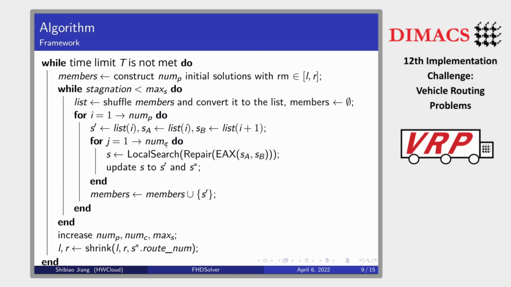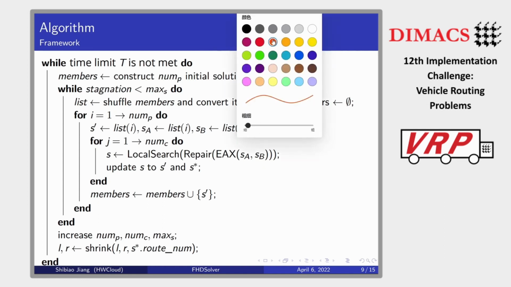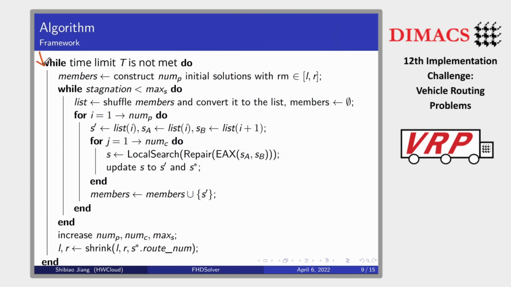Okay, this is the total framework of our algorithm. The outside loop is the time limit, and if the time limit T is not met, we start a new iteration of the population-based algorithm. First, we construct many initial solutions with the root number in L and R. We will do this loop until all the solutions converge.